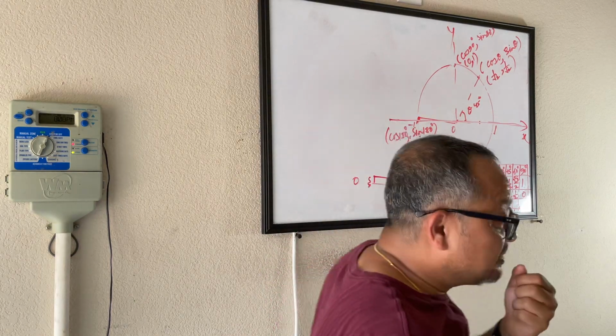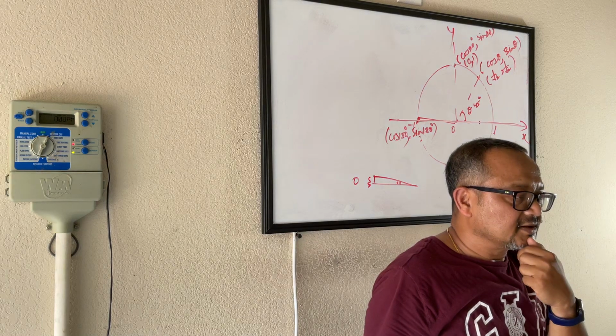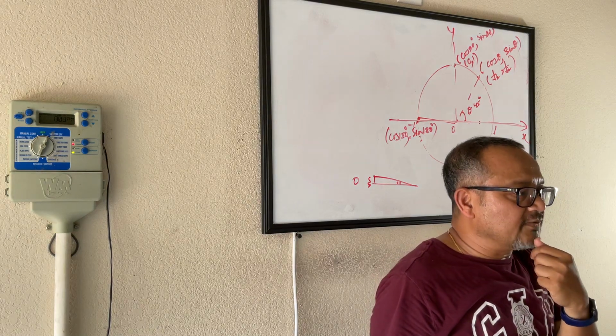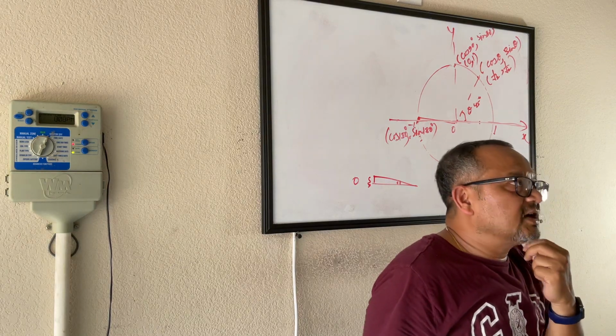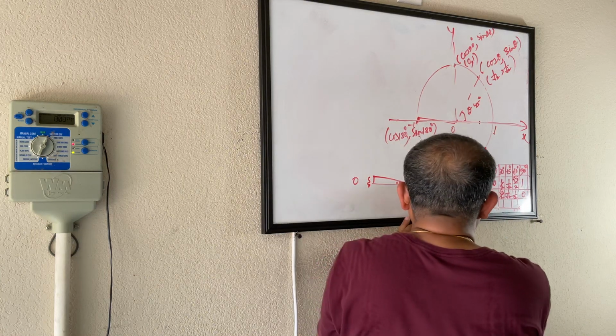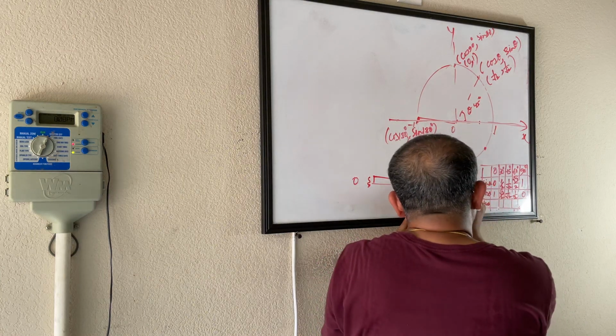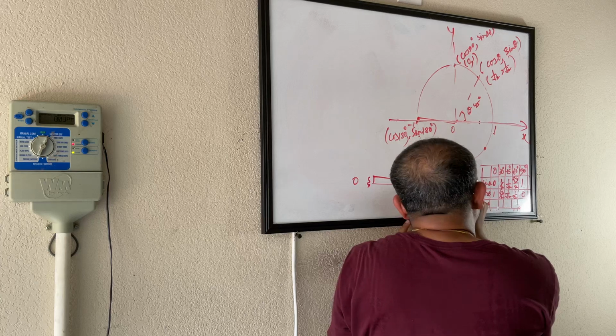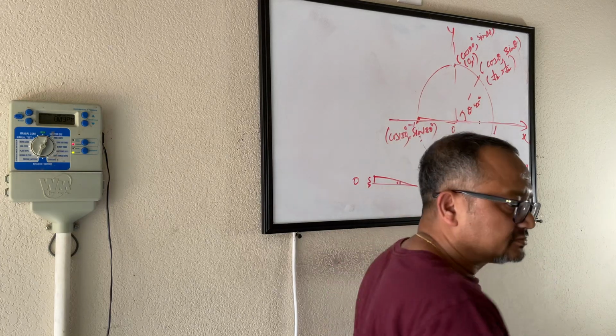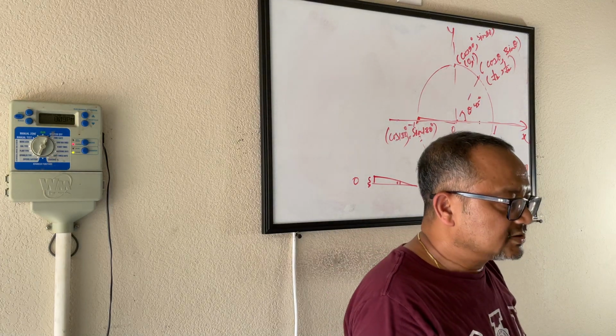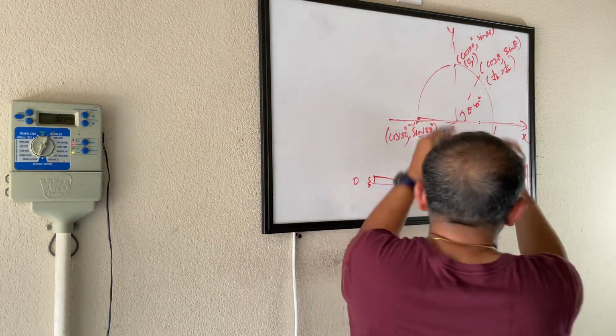So now, if somebody says find out the value of sine 405 degree, you look at the unit circle.